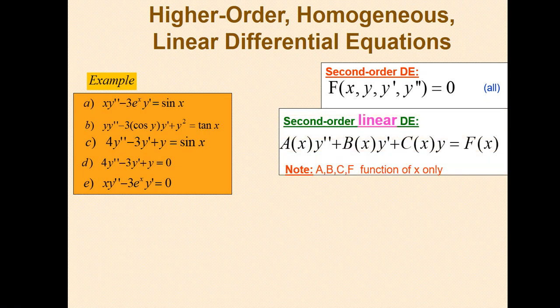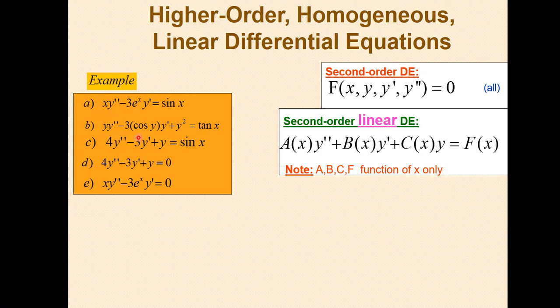Our next example will tell you that the second-order DE is also, at the same time, linear, based on the requirements I have stated in terms of the form a while ago. So we are to look at the examples here on the left side which will qualify as second order and at the same time linear. If you see this one, that's okay.